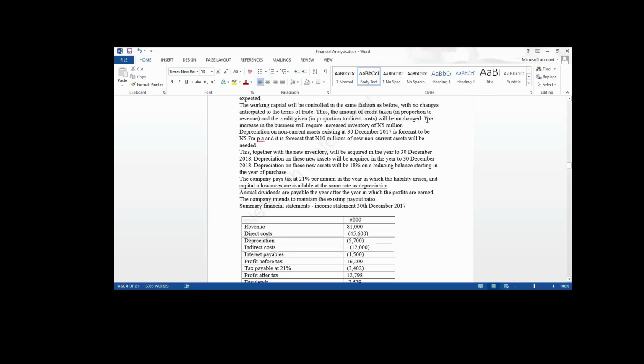Now look at the next: the increase in the business. We require increased inventory of 5 million naira. That means by the time we increase the business, inventory will also increase by 5 million. Now check the inventory figure for 2017. What do you have?